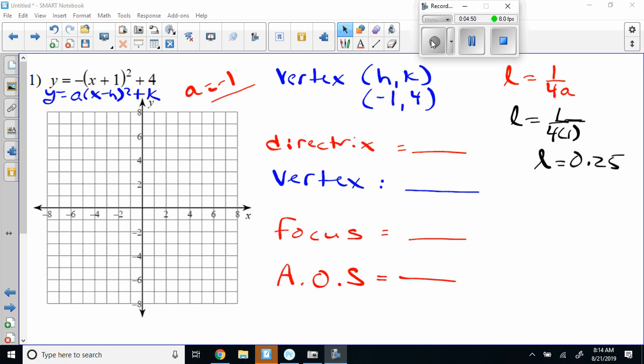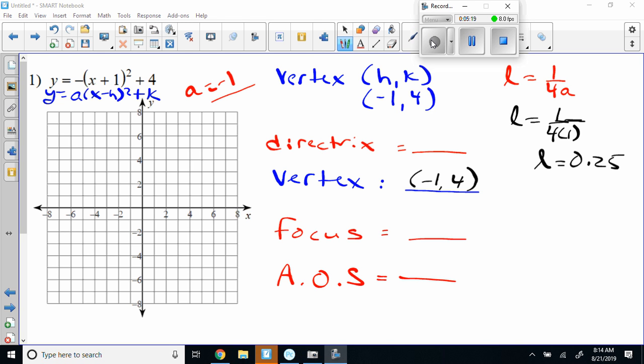So we said the vertex again was what? Negative 1, 4. Okay? So it's not really coordinates, it's more of a value. What would the y value for the directrix be? What would the y value for the directrix be, y'all? Not just 4, it can't be that.